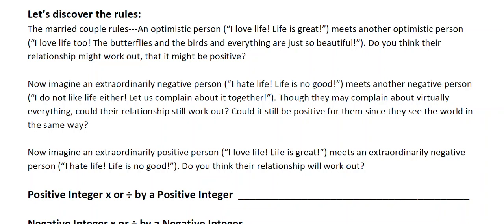So though they may complain about virtually everything, couldn't their relationship still work out? Could it still be positive for them since they see the world in the same way? And that could be very true. So if they're both negative together, they're still going to have a very positive relationship because they can sit on the couch and talk about movies that they don't like and eat burnt popcorn together and be happy together.